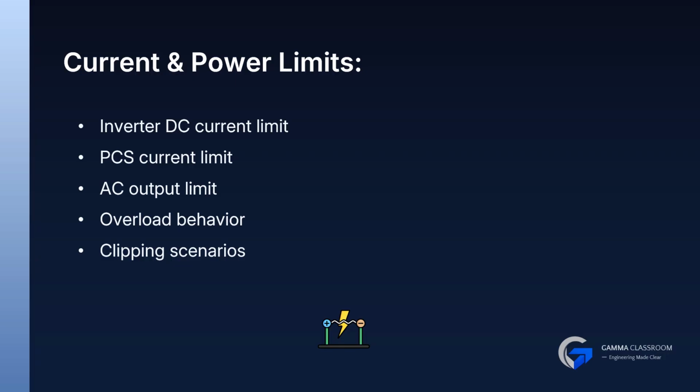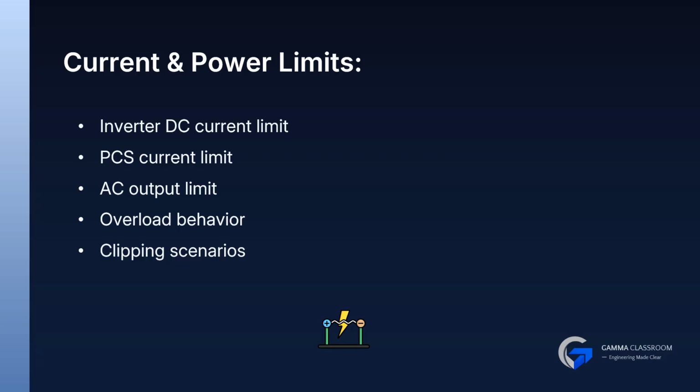Current limits protect inverter switches and magnetics from overload. PV array current, PCS charging current, and AC output current must all remain within manufacturer limits.